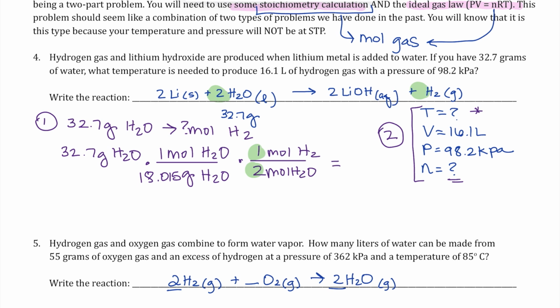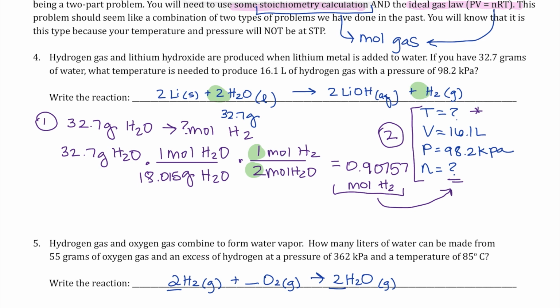And now we can go ahead and do that calculation. When I plug that into my calculator, I get 0.90757 moles of hydrogen, and that is our n value.